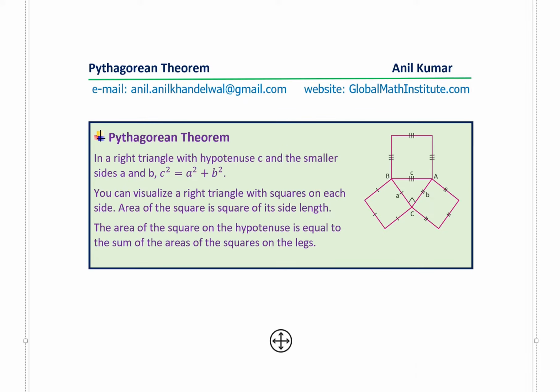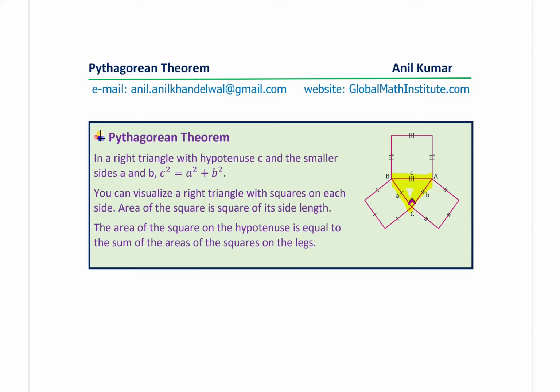Now, let's try to understand the Pythagorean theorem itself. If I take a right triangle, which I'm trying to show here, this is my right triangle, the inside one, right? You will notice that this is your right angle.